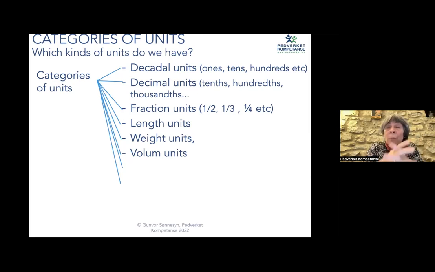Because on one side of the comma was the whole liters, on the other side was the whole number of deciliters. And on one side of the comma was the whole number of meters, and on the other side, the whole number of centimeters.